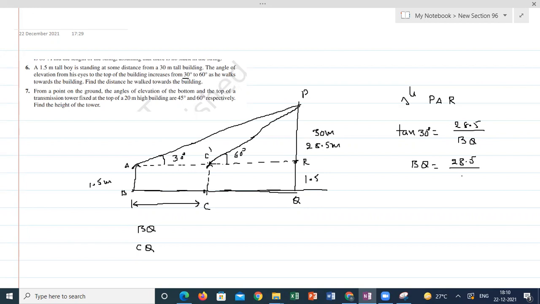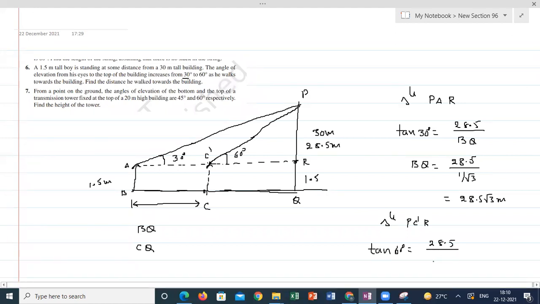What is the value of tan 30, students? 1 by root 3. Will you agree? So this will be 28.5 root 3 meter. Similarly, from triangle PC'R, tan 60 equals 28.5 divided by C'R, so C'R equals 28.5 by root 3.